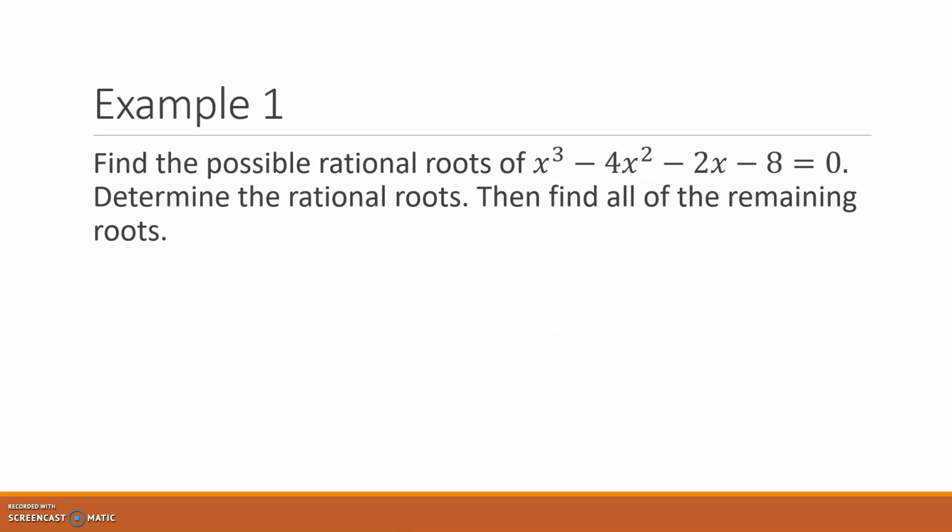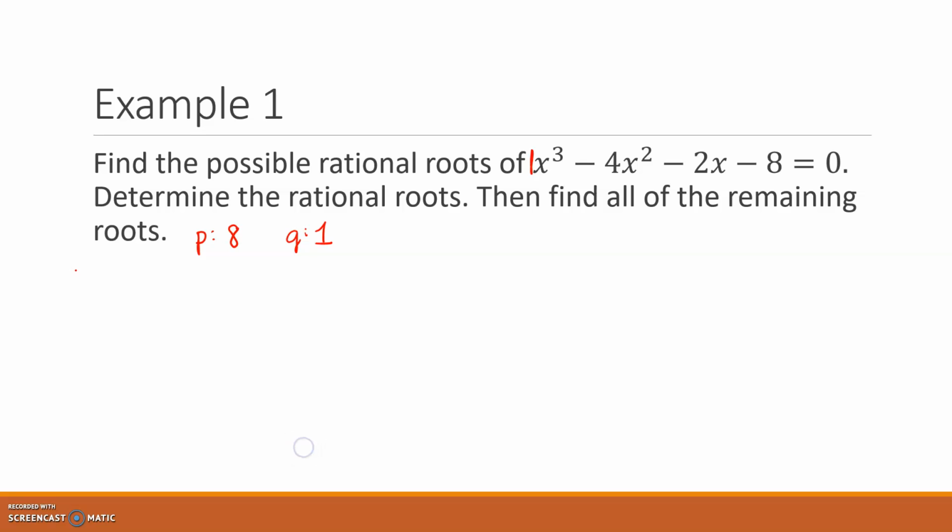So the first thing we're going to do is find our values of p and our values of q. P is the number that's at the end of our polynomial, and we're ignoring the sign of it, so I'm just going to put 8. Q is the number at the beginning with the largest exponent. In this case, the number in front of our highest degree is 1. The coefficient of x cubed is just a 1 because nothing's written. So now we're going to find the factors.